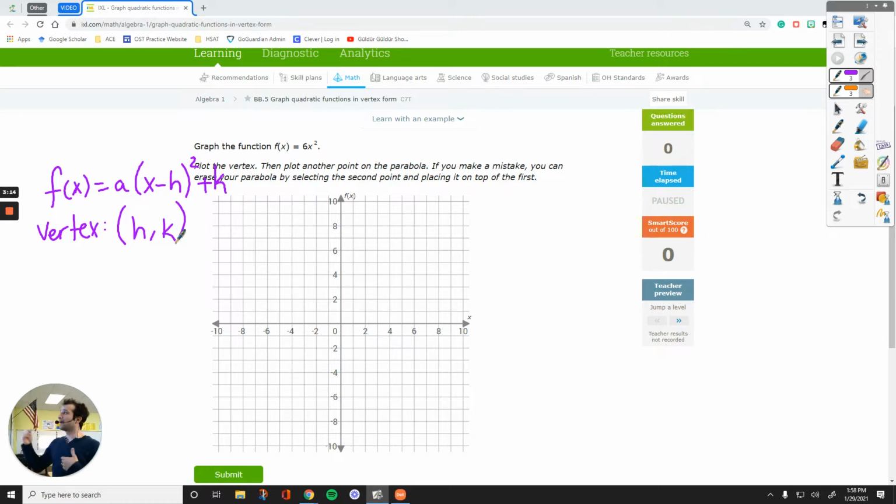The second step, and I'm not sure if we really need this for this assignment, but this is not going to be the only time that you need the vertex form. On the state test and other assignments, you're going to need this information. If that a is a positive number, the graph opens up, or upward.